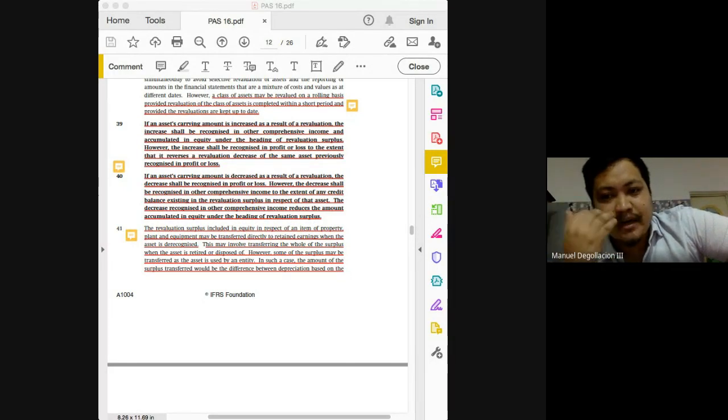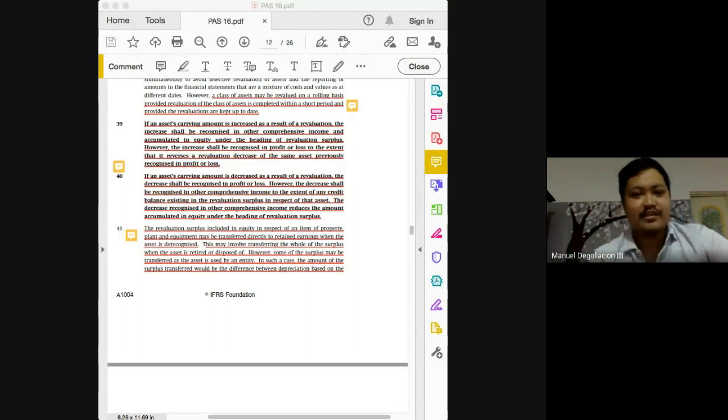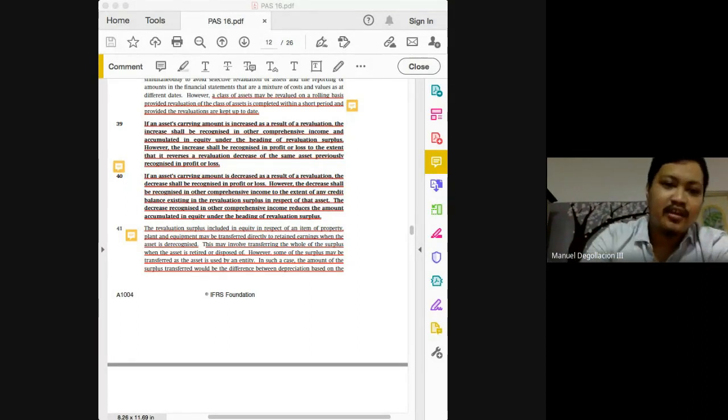If you can recall in the past class, we have the term reclassification adjustment, wherein an item of OCI will be transferred to your profit or loss. If you can recall, your revaluation surplus does not undergo reclassification adjustment. Because what do we do when the asset that gave rise to the revaluation surplus is ultimately disposed, class?